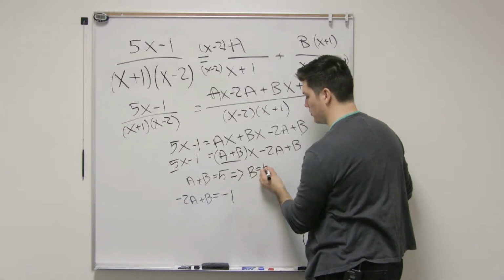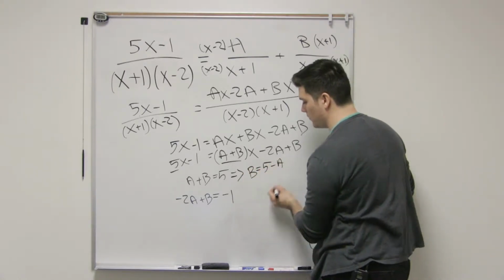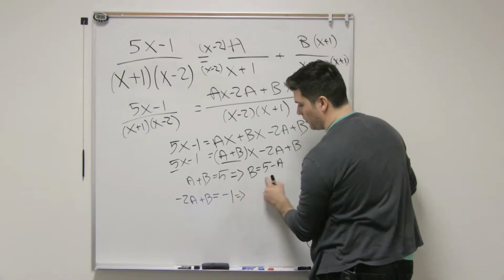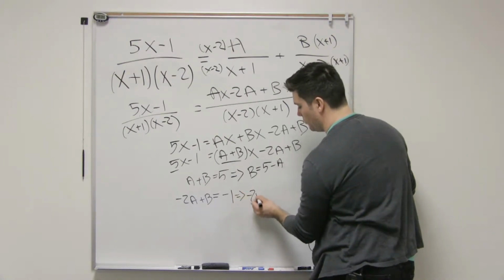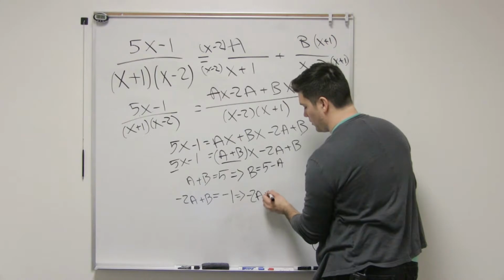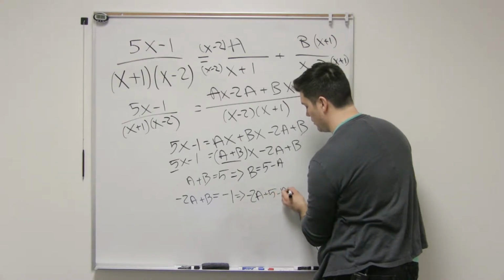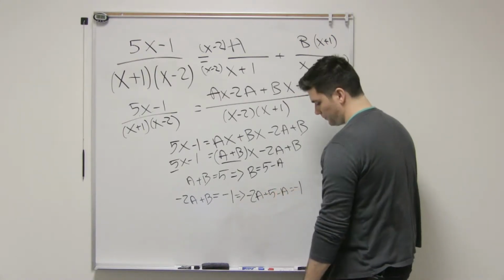b equals 5 minus a. Plugging b into this equation, we get negative 2a plus 5 minus a equals negative 1.